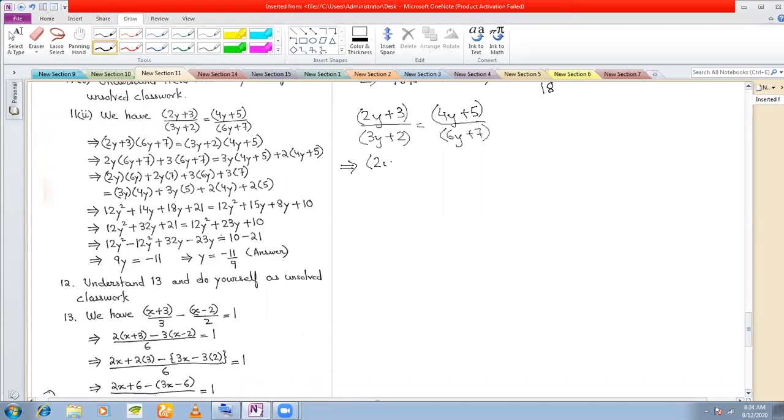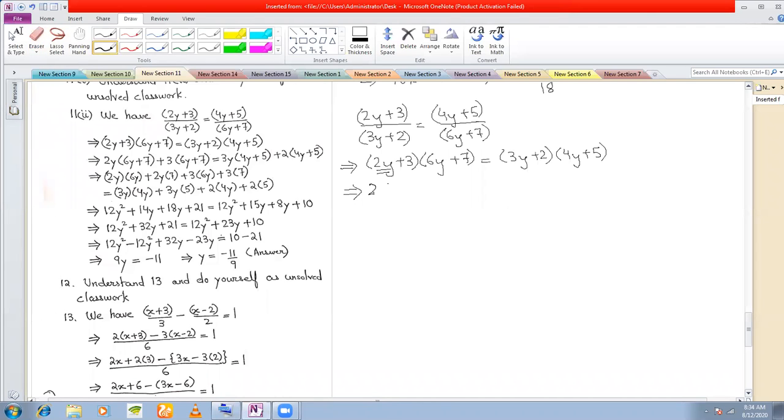So 2y plus 3 into 6y plus 7, equals 3y plus 2 into 4y plus 5. Cross multiplying. Okay. Now I will multiply everything. I will first multiply 2y with 6y plus 7. You can proceed with your multiplication this way also. I've shown you one method of multiplying.